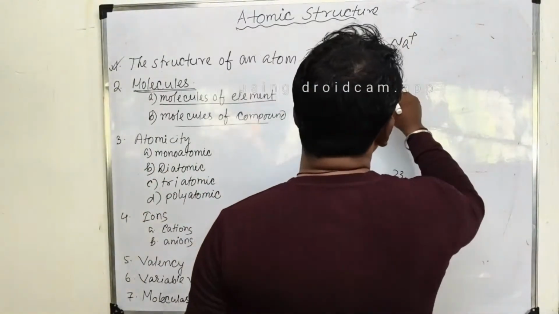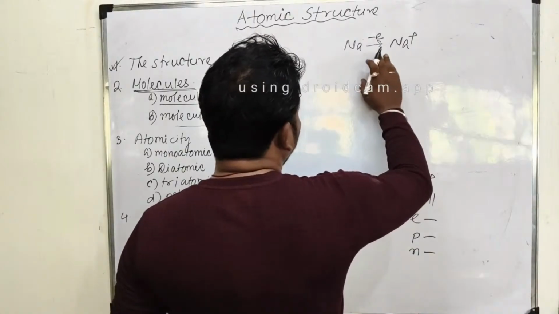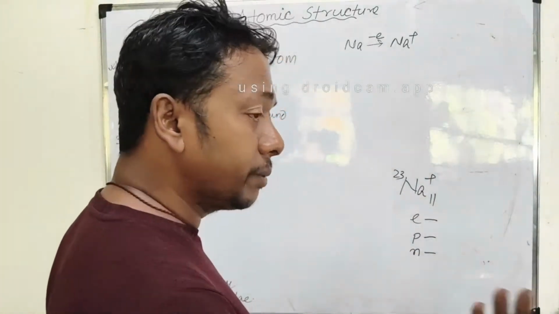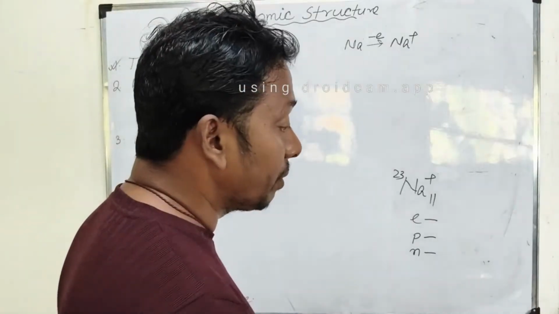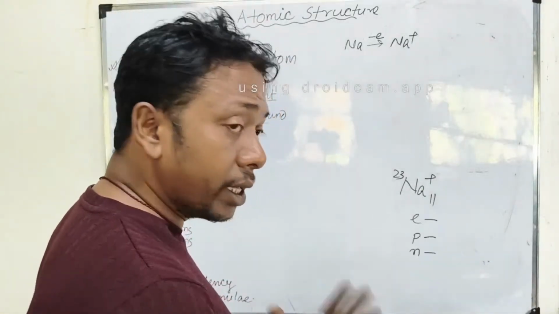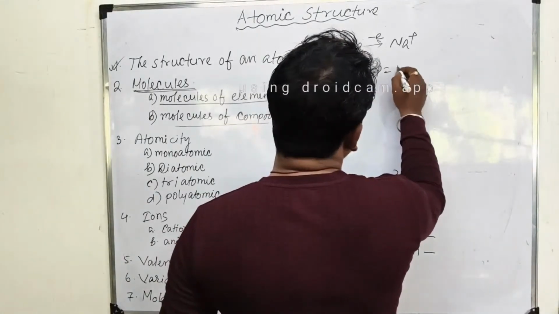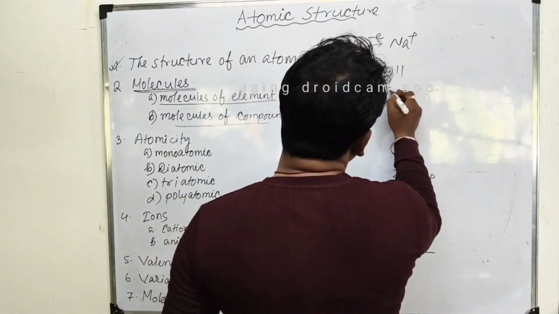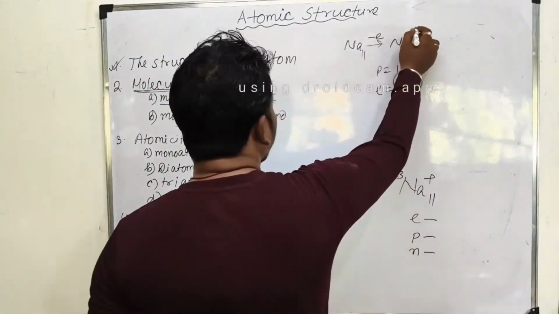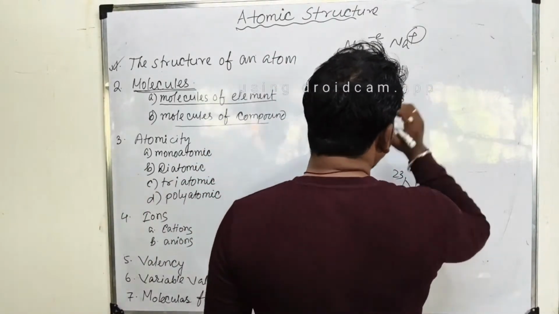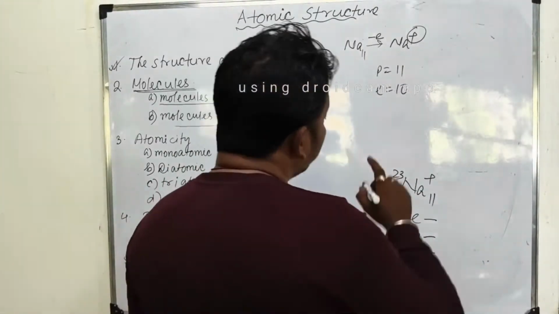That means the number of protons is the same as before, but the number of electrons is one less. Now here proton equals 11, electron equals 10. That is why 1 plus, because 10 electrons neutralize 10 protons, and 1 proton is in excess.